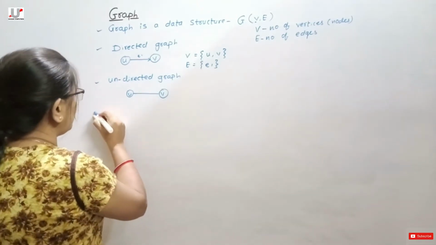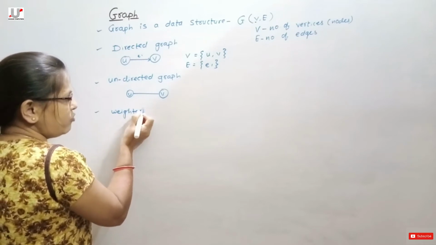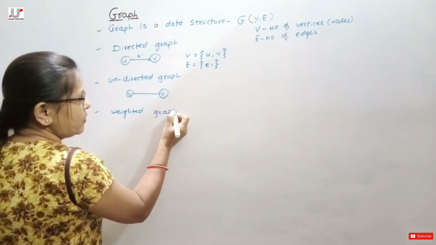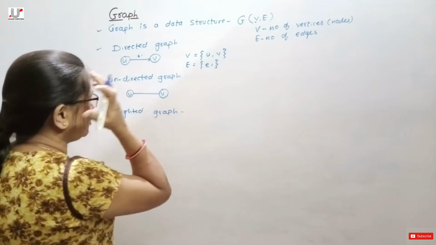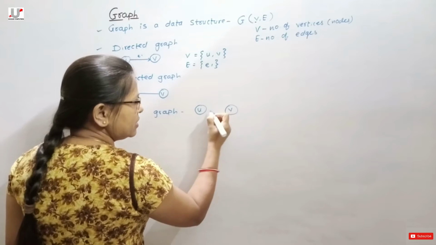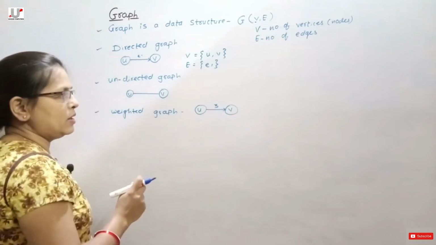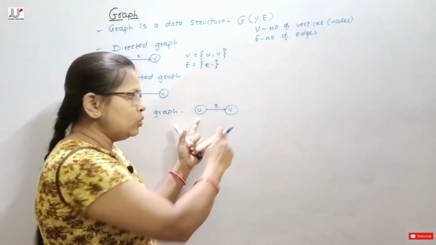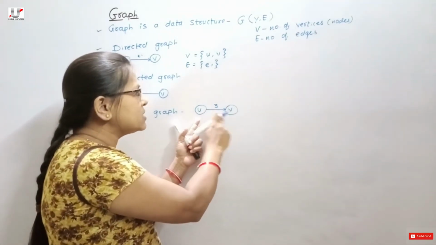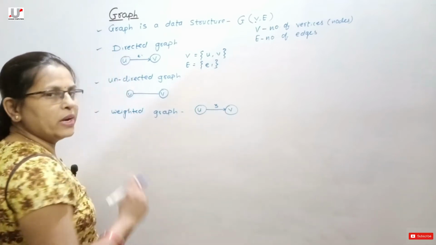A graph can also be a weighted graph. Weighted graph means a graph having some weights given to its edges. In this example, suppose 3. That means to traverse from U to V, the weight is 3. So this is called a weighted graph.